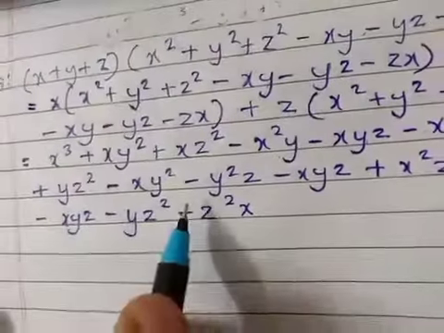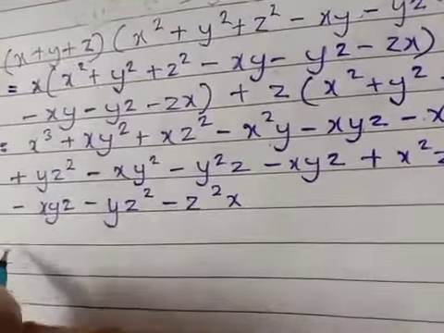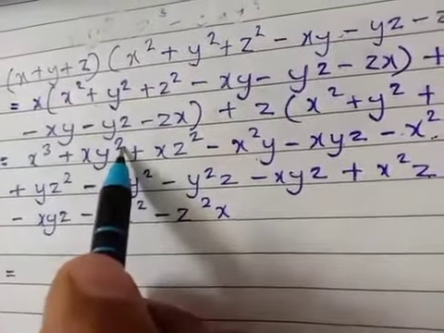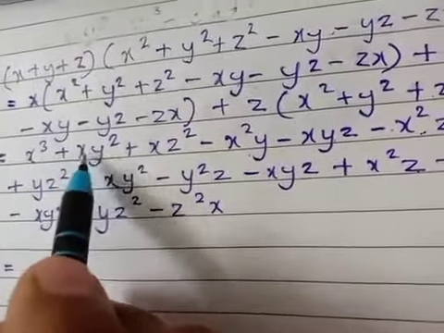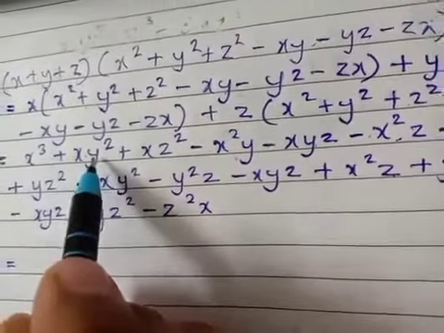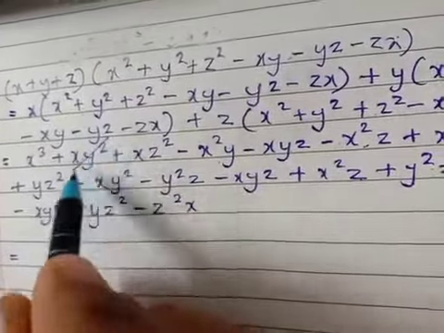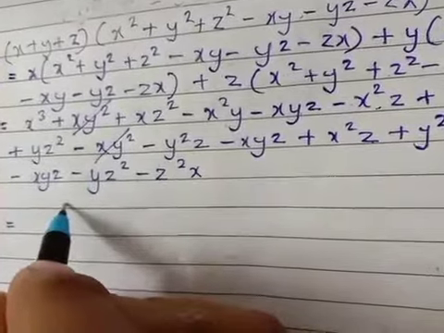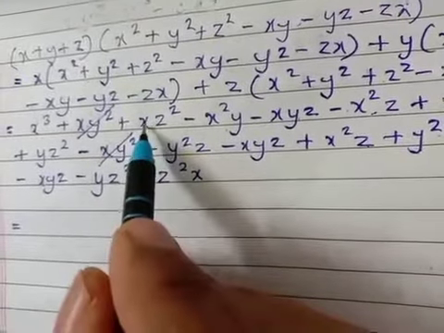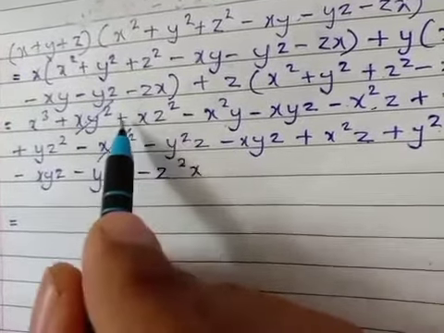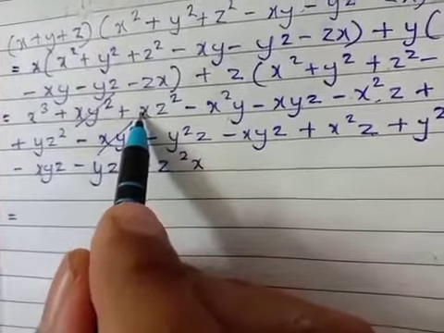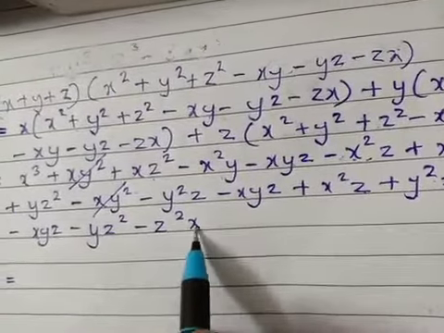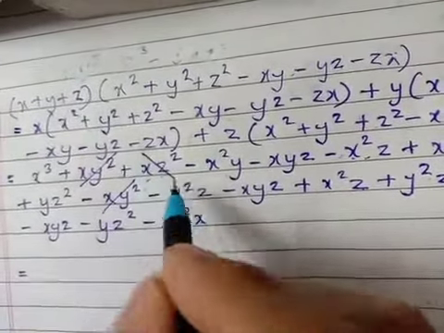So now on simplifying, what we will get? Now see here, xy square, this is plus xy square, so this plus xy square minus xy square get cut. Okay, now second one is xz square, this is plus xz square, and this is minus xz square, so this will also get cut.